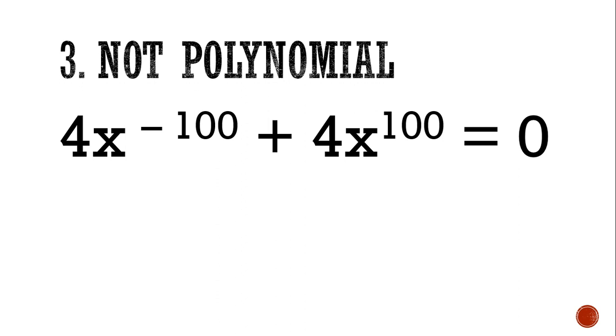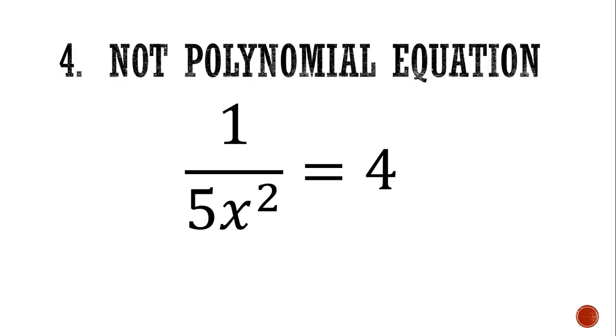Next, number 3, since in the first term, the variable x has a negative exponent which is not a whole number, therefore, this entire equation is not polynomial because negative 100 is not a whole number. Number 4, 1 over 5x squared can be written as 1/5 times x raised to negative 2. And negative 2 is not a whole number exponent.